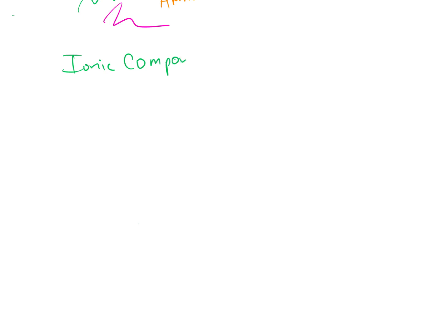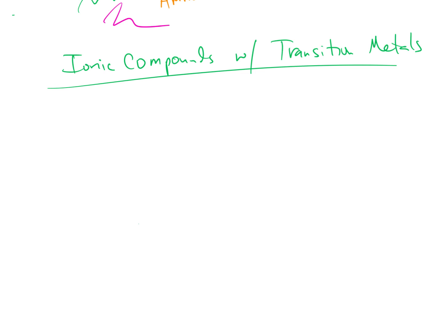So compounds with transition metals. And remember, transition metals, or I don't know if I didn't tell you this yet, transition metals are variable cations, meaning they have more than one charge.